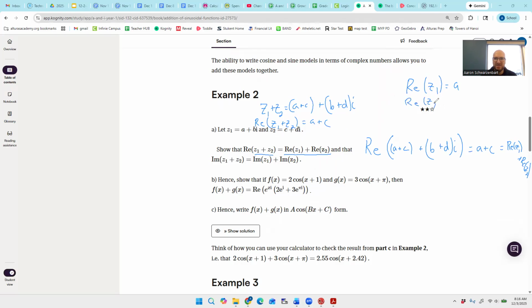Real z2 equals c. And the imaginary would be doing the same thing, but with the b plus d. So real z1 plus real z2 equals a plus c.